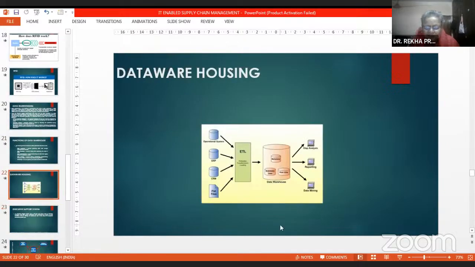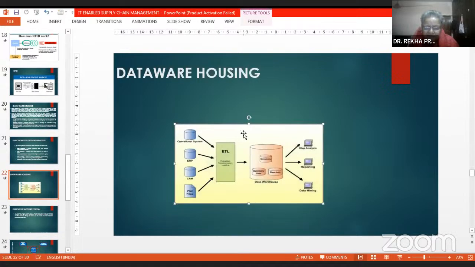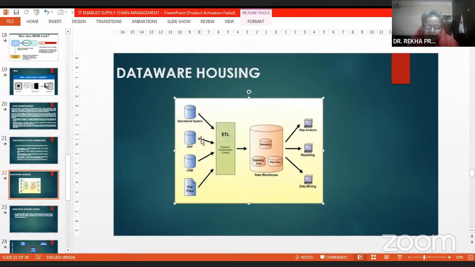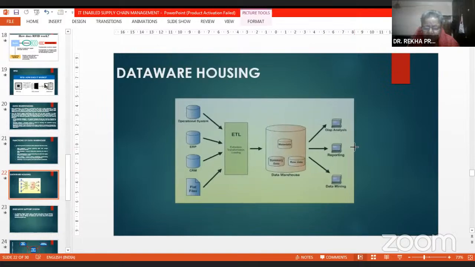So this is your conceptual picture of a data warehouse. You have operational systems, you have ERP, enterprise resource planning, you have CRM, customer relationship management, and flat files. All these things help you in storing data.